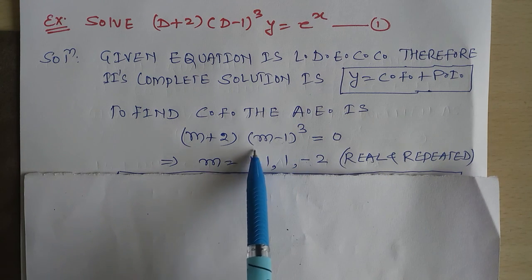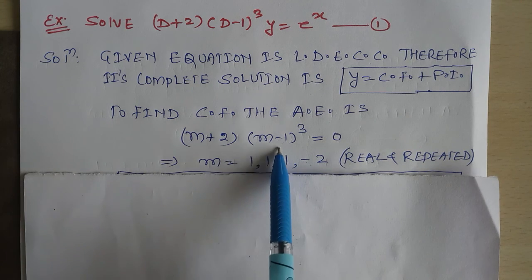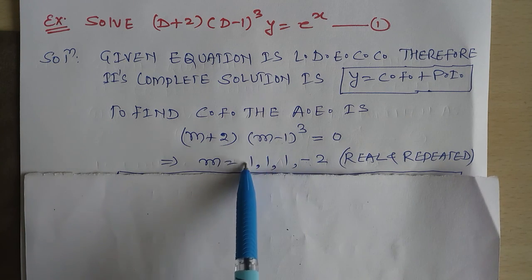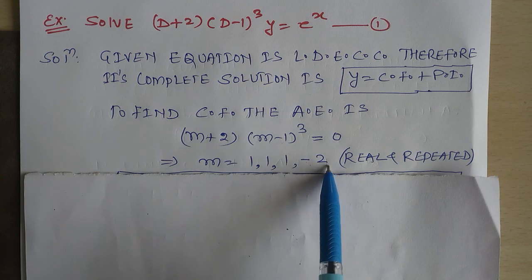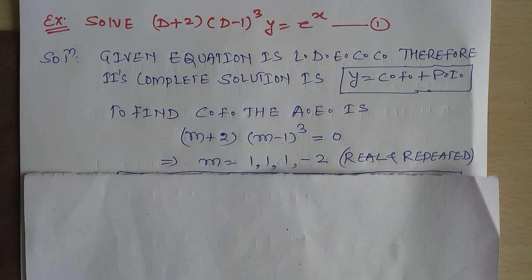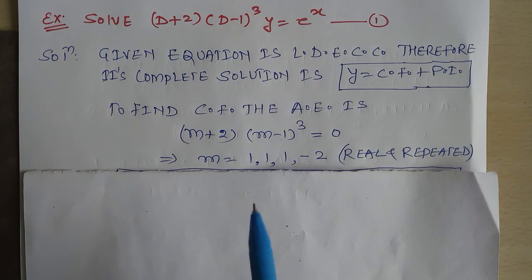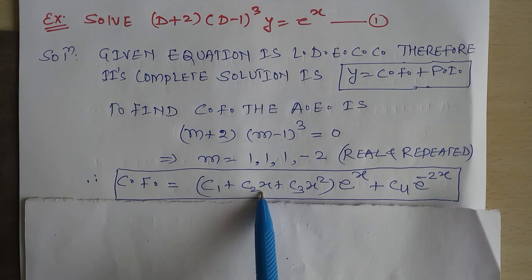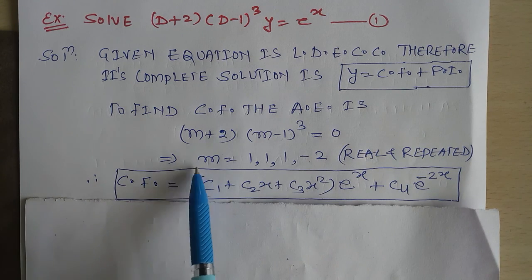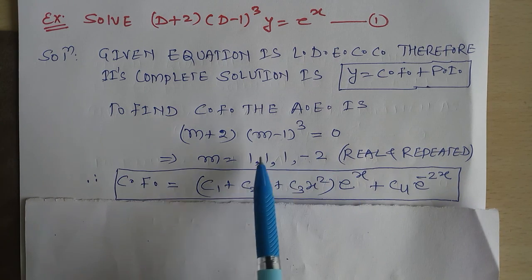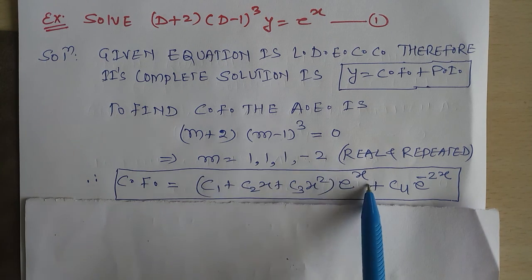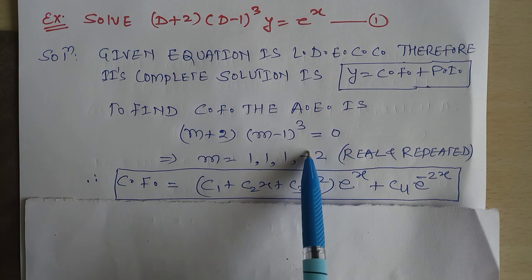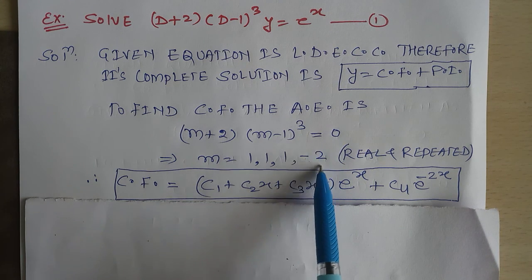So roots are real, but here we have 3 repeated roots. For 3 repeated roots, we write the complementary function using the formula of repeated roots, and this is a distinct root, so here we use the formula of distinct root. So for 3 repeated roots, the complementary function is (c1 plus c2x plus c3x square) multiplied by e raised to mx, and m is 1 for the 3 repeated roots, plus the next root is different, so we use the normal formula.